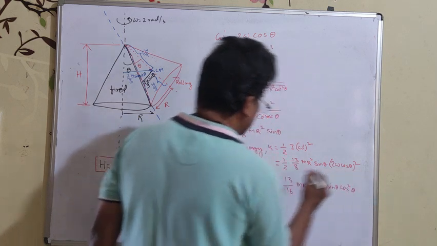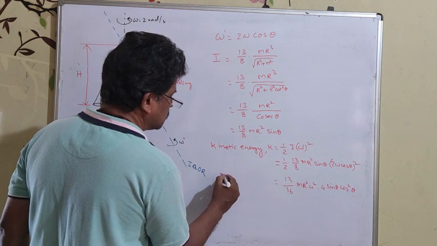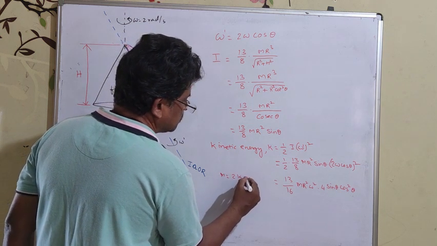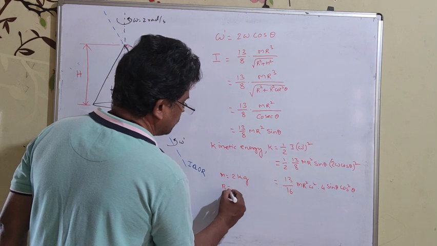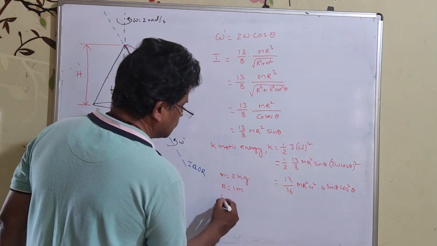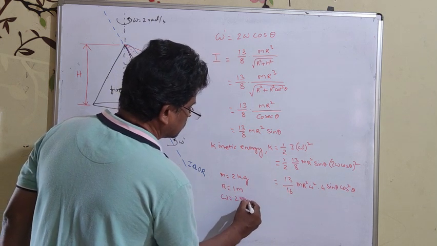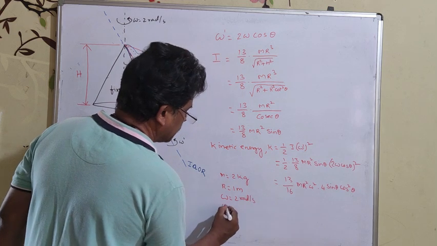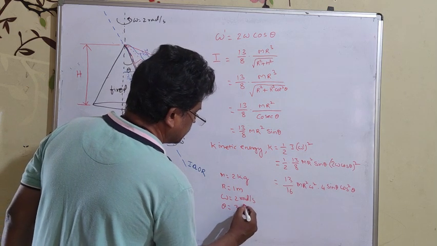In this, if we write the values, M is equal to 2 kilograms, r is equal to 1 meter, omega is equal to 2 radians per second, and theta is equal to 30 degrees.